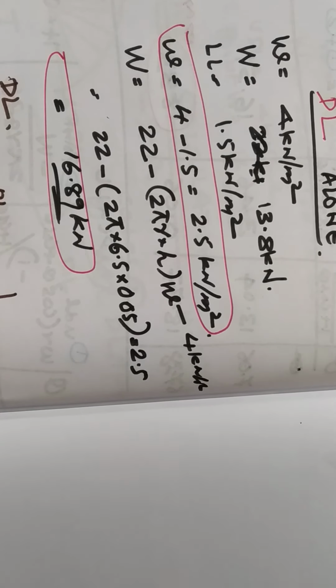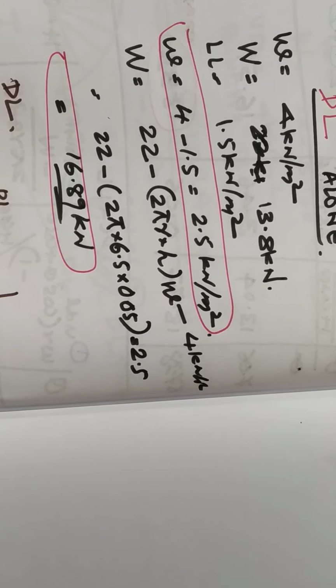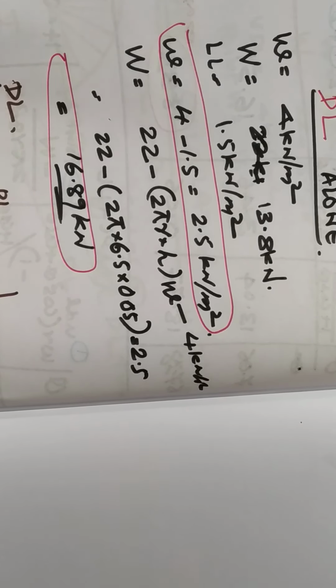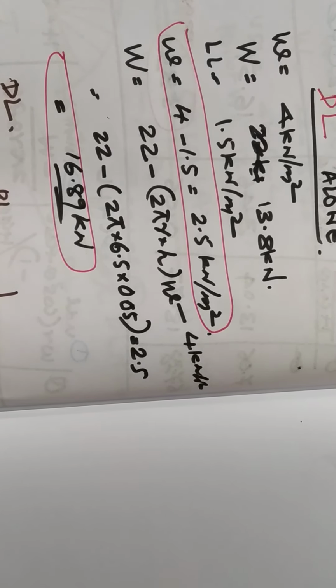Okay, so for UD load, the formula is wR into cos square theta plus cos theta minus 1 divided by 1 plus cos theta.